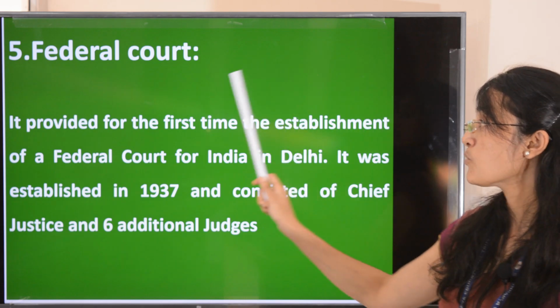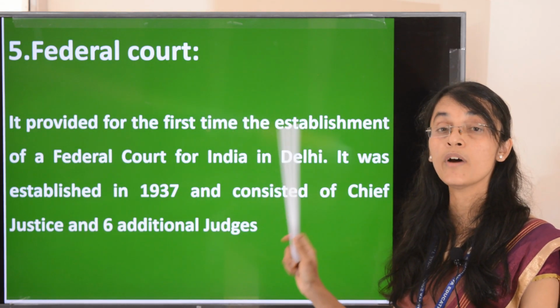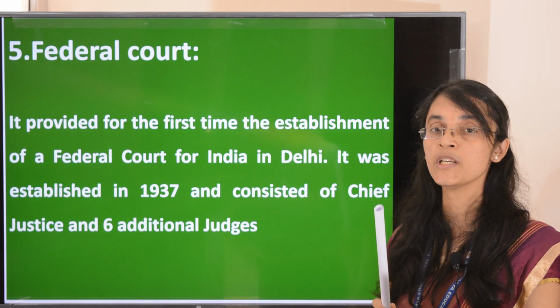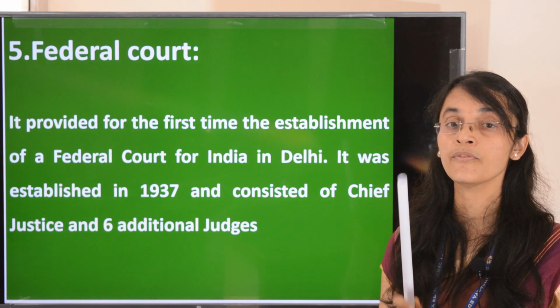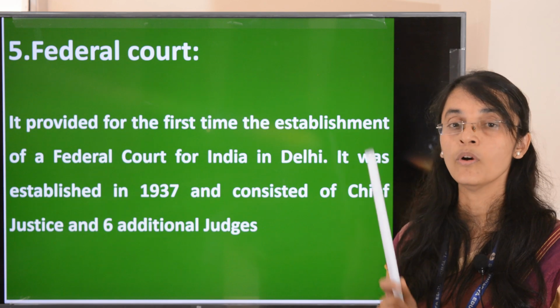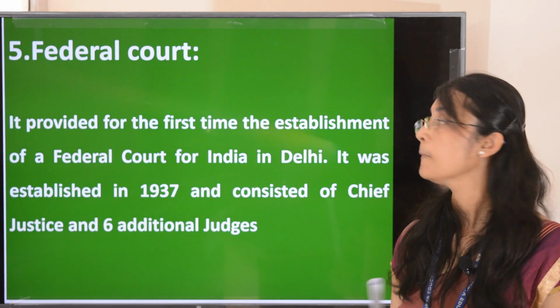This was the final court of India, and this court functioned for 12 years till its transformation into the Supreme Court of India in 1950 under the present constitution.